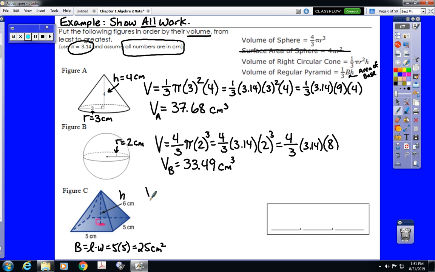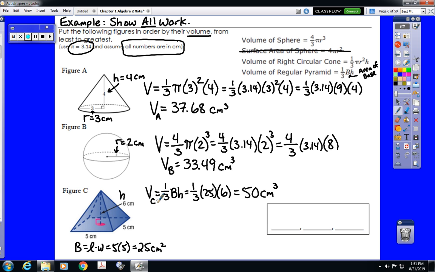So the volume of our pyramid is 1/3 times the area of the base times the height, or 1/3 times 25 times 6. Again, we're going to feed that to the calculator. 1/3 times 25 times 6 is exactly 50 cubic centimeters.